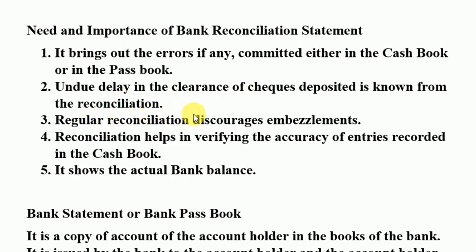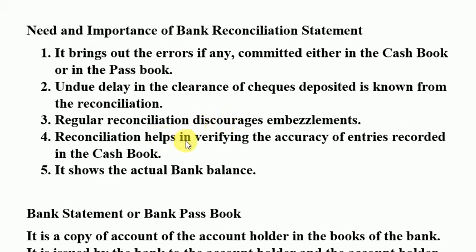Regular reconciliation discourages embezzlements. See, there are many businesses where there is quite a chance that some things can be embezzled. That means things can be manipulated, and it can be a loss for the businesses. So bank reconciliation statement puts a check on such mishappenings by discouraging them. That is the meaning of this third point.